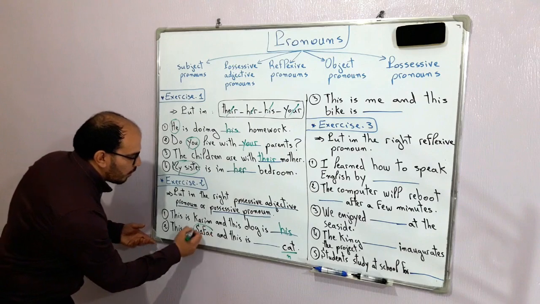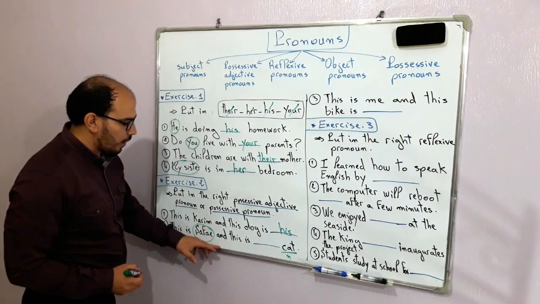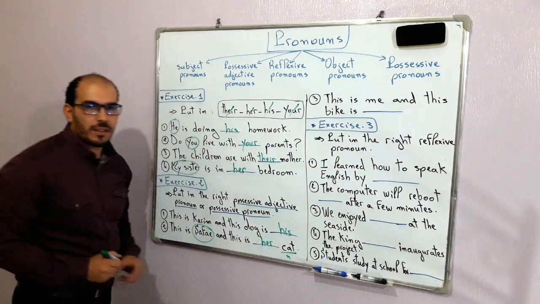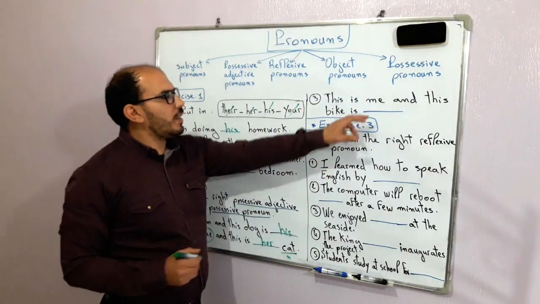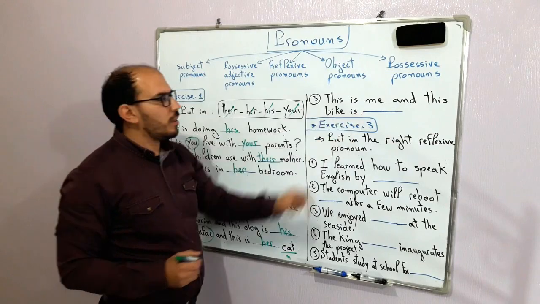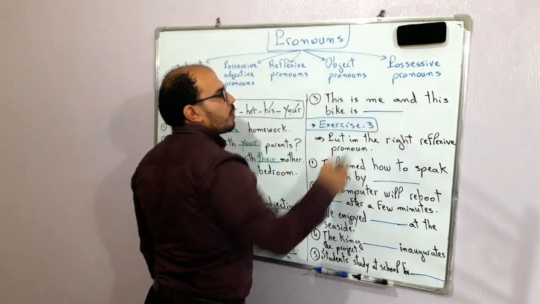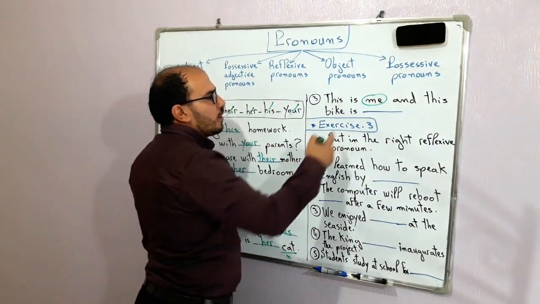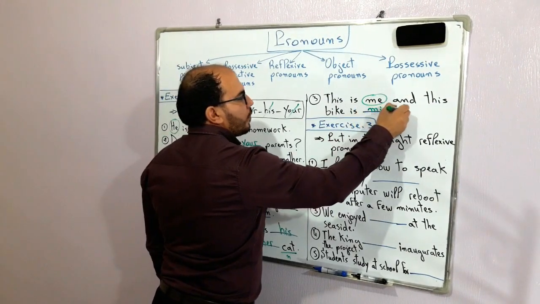I am talking about Safa, so I say this is Safa and this is her cat. Okay? Next, this is me and this bike is. Once again, we don't have a noun, so we have to use the possessive pronoun, and because we are talking about me, this bike is mine.